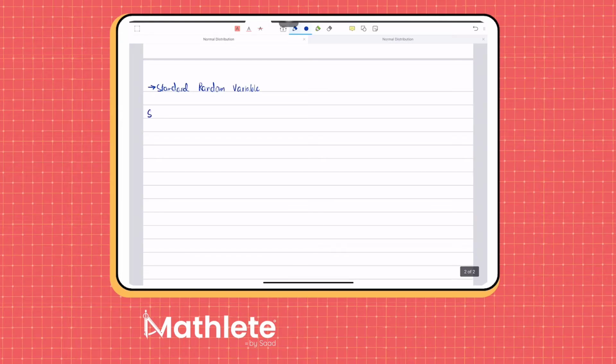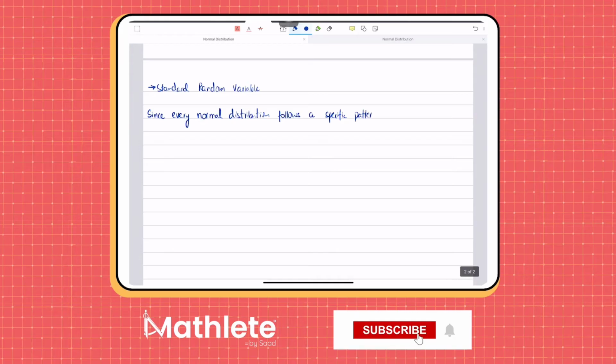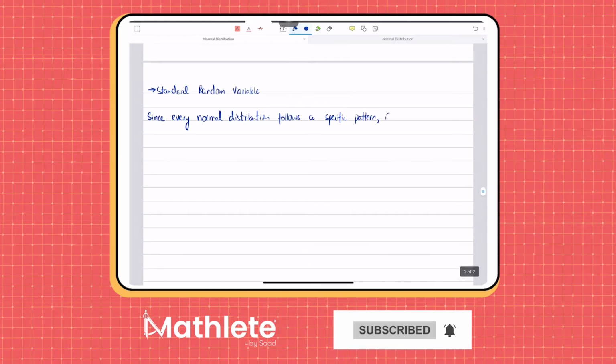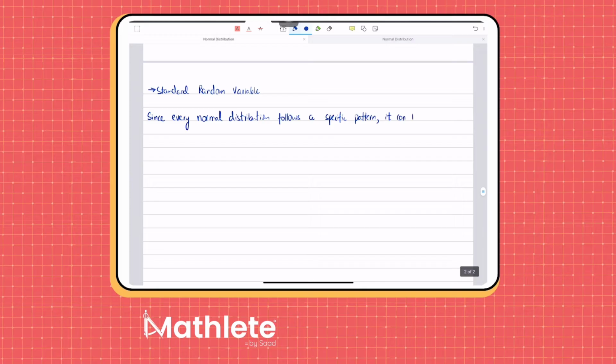Since every normal distribution follows a specific pattern, it can be converted to standard normal distribution.